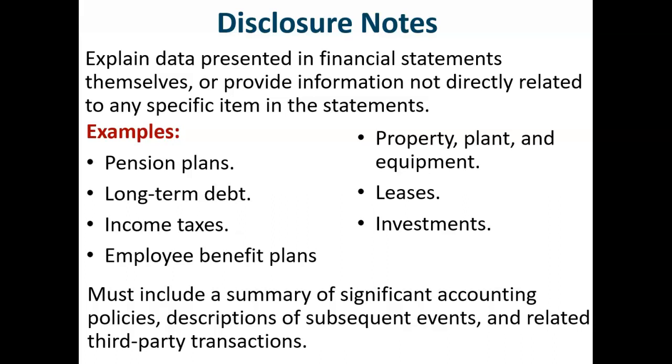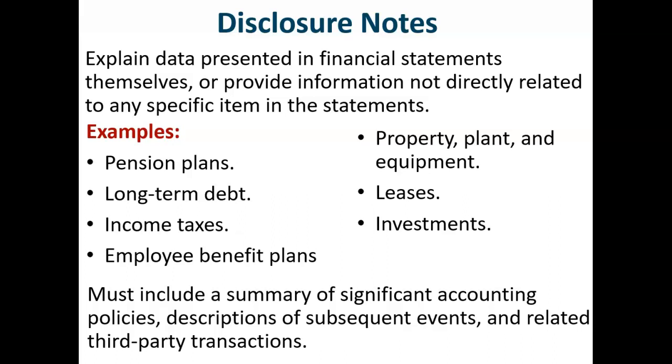Common examples of disclosures included on the face of the balance sheet are allowance for uncollectible accounts and information about common stock. Information providing details of many financial statement items is provided using disclosure notes.